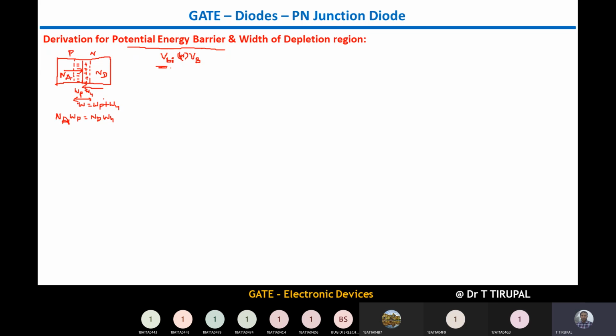Now let us see. In order to calculate this potential energy barrier, we use Poisson's law.